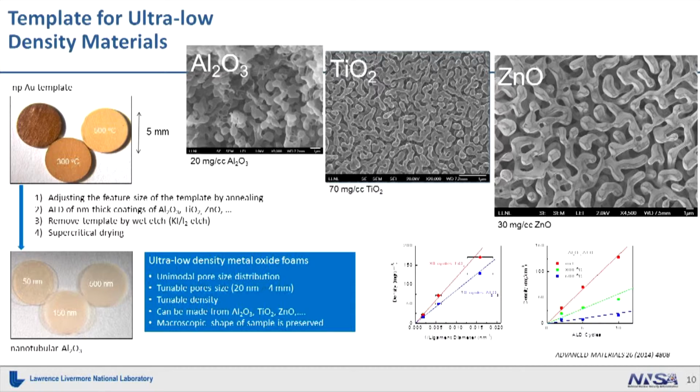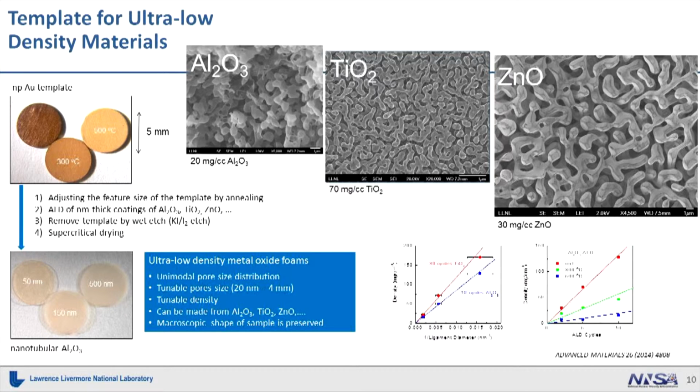And what's very nice about this process is actually that the macroscopic shape of the sample is totally preserved. So you can actually machine the material as an alloy piece in a very specific shape, and that shape is then transferred into the foam that's the result of the whole process. And these foams can go down to densities in the single-digit milligram per cc range.